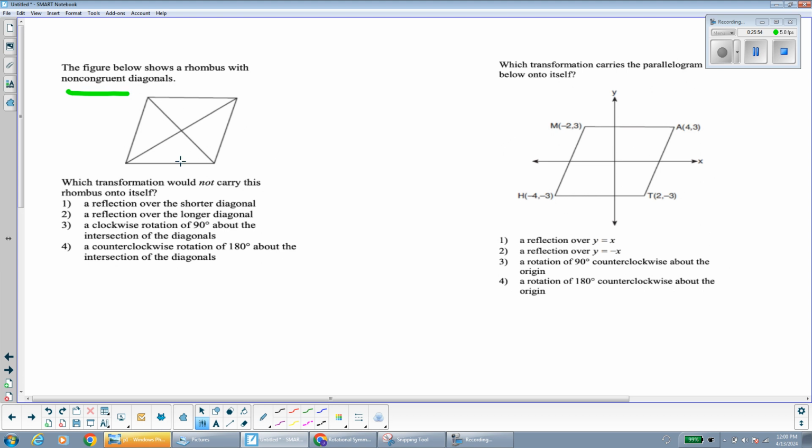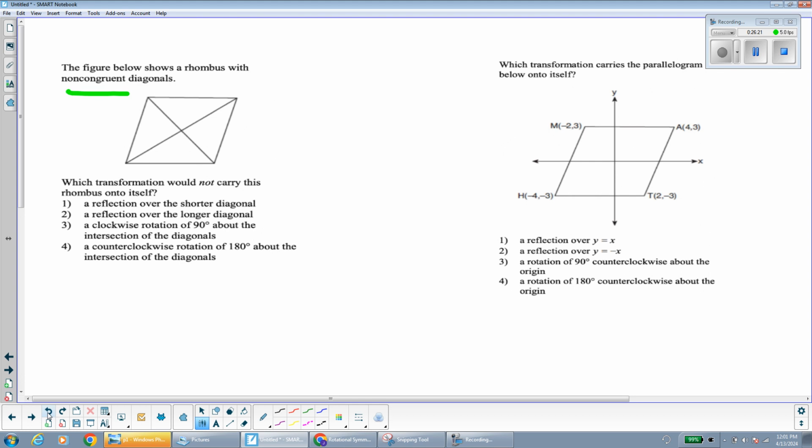So let's say this one's the shorter diagonal. That does look like it's a line of symmetry to me, so I'm going to put that one on hold. Number 2 is a reflection over the longer diagonal. But once again, that does look like it's a line of symmetry to me. So I'm going to put that one on hold as well.